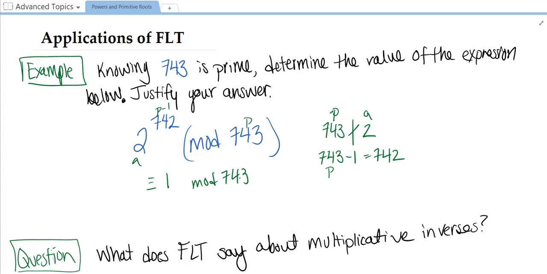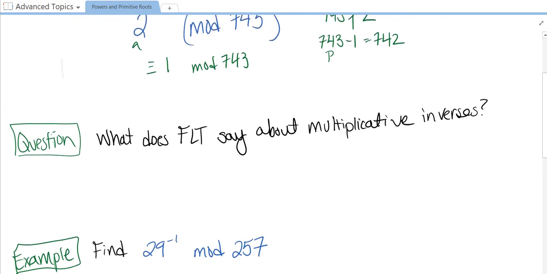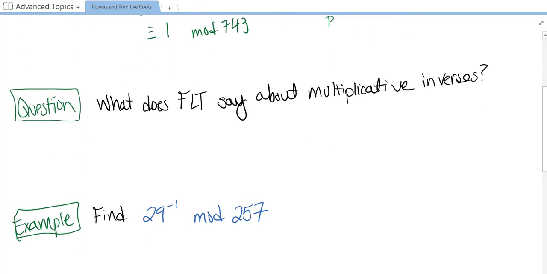The next application of Fermat's little theorem is to look at multiplicative inverses. According to Fermat's little theorem, if we meet the criteria, a to the p minus 1 is congruent to 1 mod p.